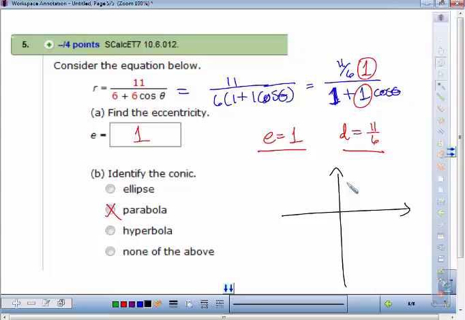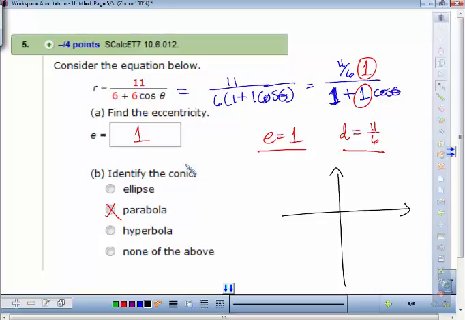Oh, if these equal 11/6, what's the directrix? x equals 11/6, y equals 11/6? So this is a 1 plus cosine. Which way is it opening? It looks like it might be opening to the left, right?